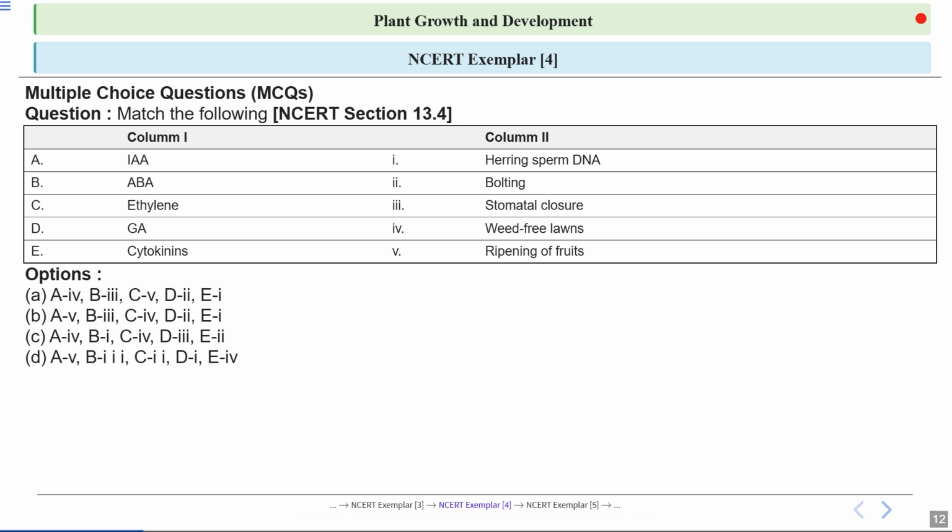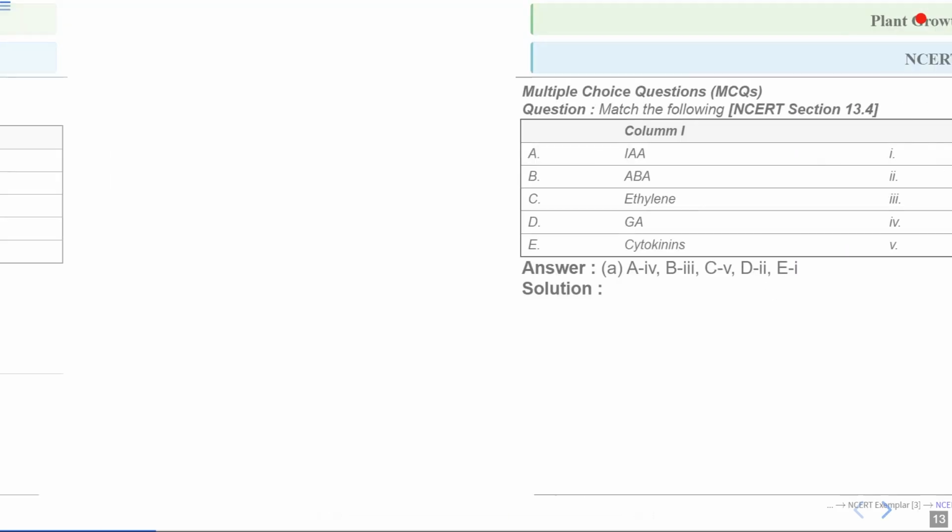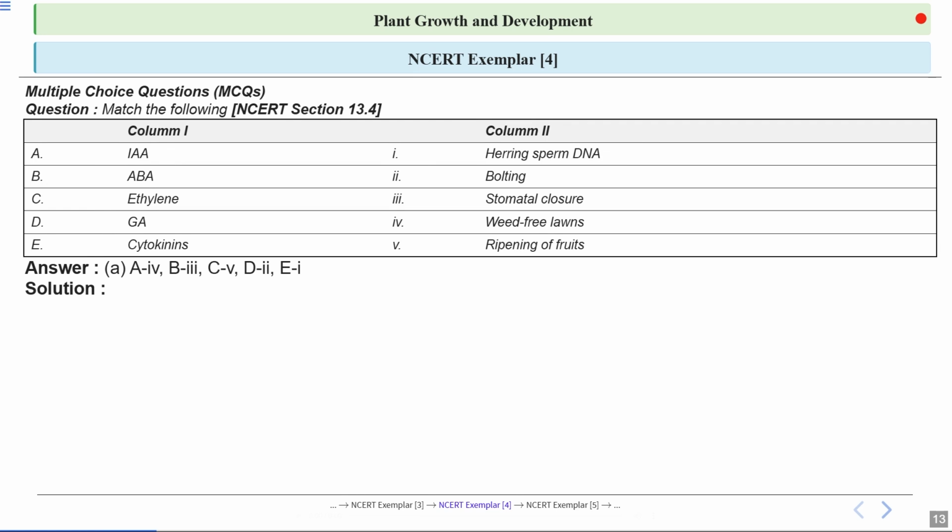You have to match column 1 and column 2 correctly, and then see which of the options is correctly given among the 4 options. So you can opt for that particular option. Let us see the answer of this question. So the correct answer is option A.